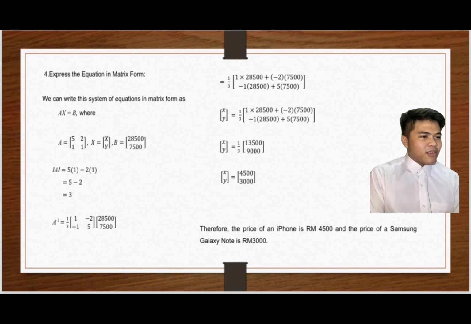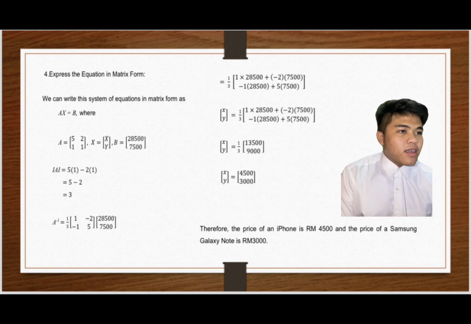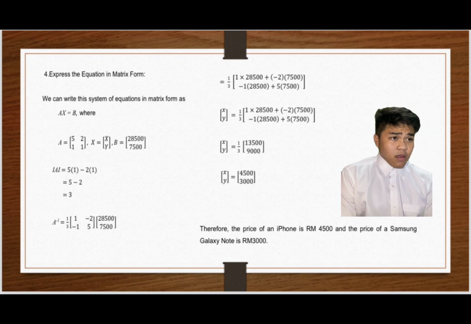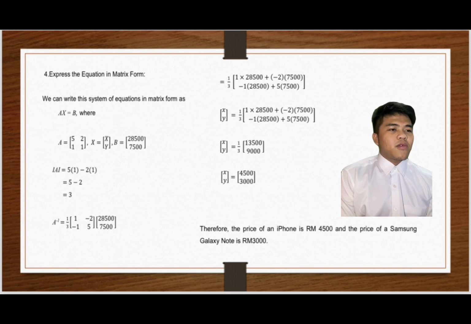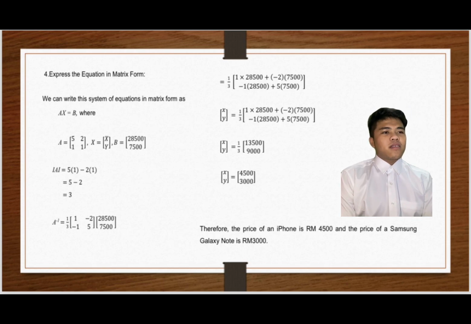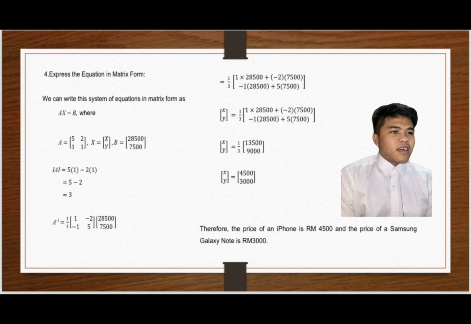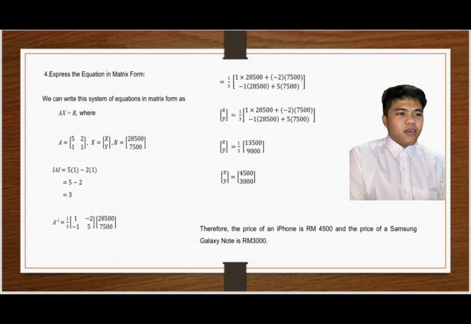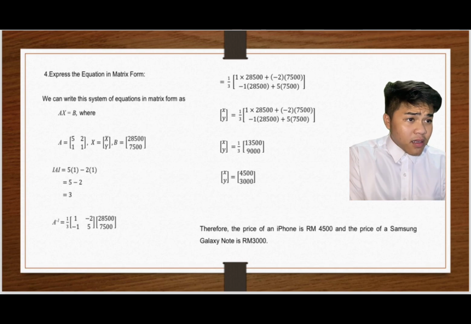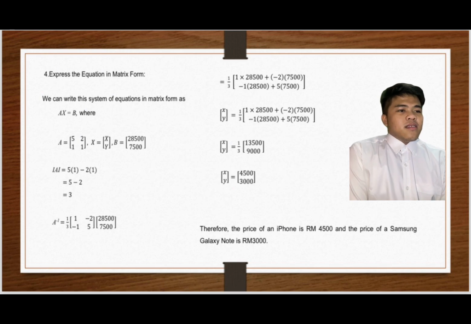28,500 and 7,500. Next step, 1 over 3, first row: 1 multiply 28,500 plus negative 2 multiply 7,500. Second row: negative 1 multiply 28,500 plus 5 multiply 7,500. x, y equal to 1 over 3 multiply 30,500 and 9,000.